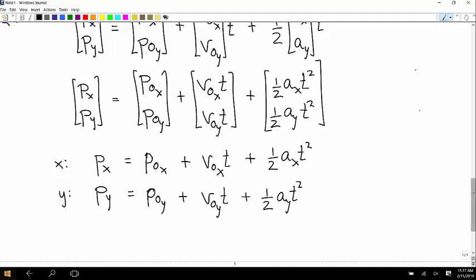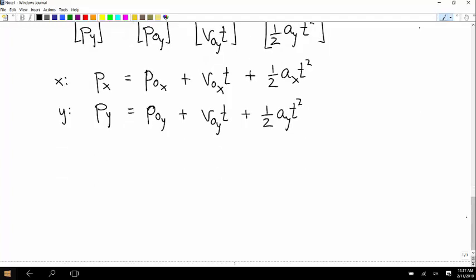So last time we talked about the position vector.